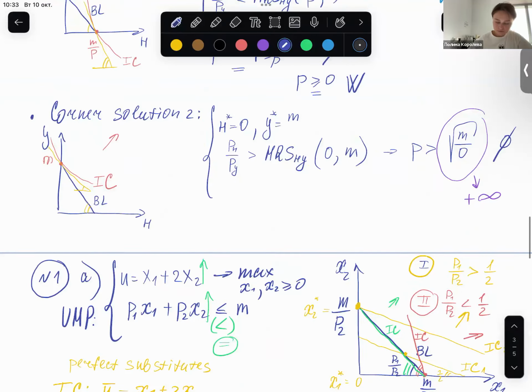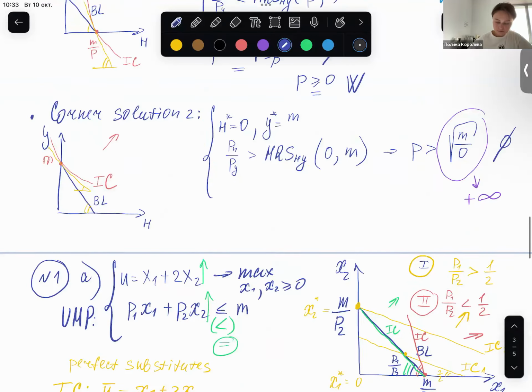You see that this is actually a linear function. This is a constant, and this is the coefficient k, the slope of the linear function, and we can have three situations for the utility. Utility here, x2. These are the borders, 0 and m over p2.